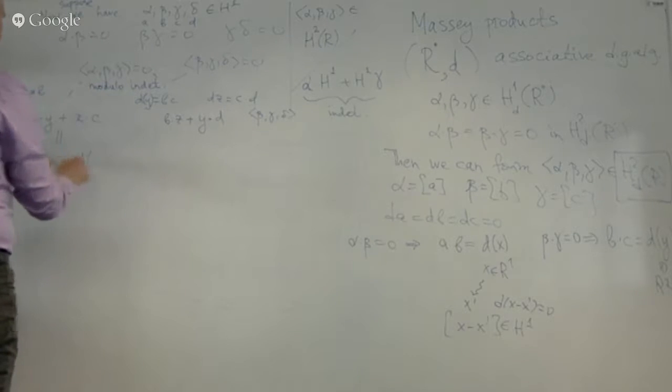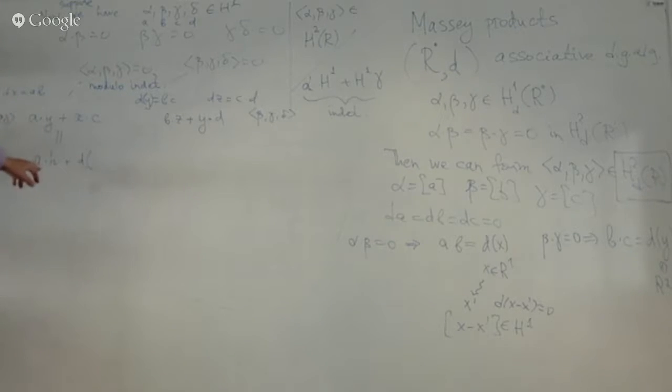You're saying that this lies in the indeterminacy. So what I'm saying is that suppose I write all those things so that they are in the indeterminacy. It means that what you have written here is in H2 modulo what's on the right. So this is equal to the same thing. Suppose it lies in alpha H1 plus H1 times gamma.